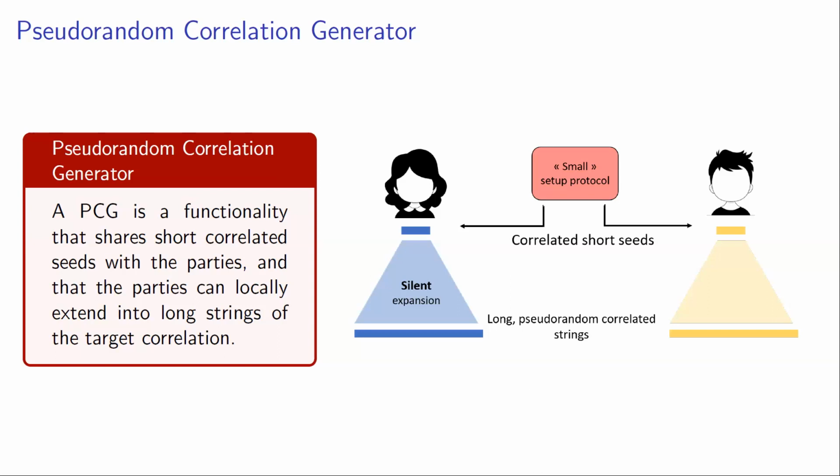We start from little randomness to obtain a long amount of pseudo-randomness. Here we start from short correlated seeds, and the parties will be able to silently expand the little seeds into very long pseudo-random strings. When I say silently, I mean without communication, which is really important because for a long time this was the bottleneck.